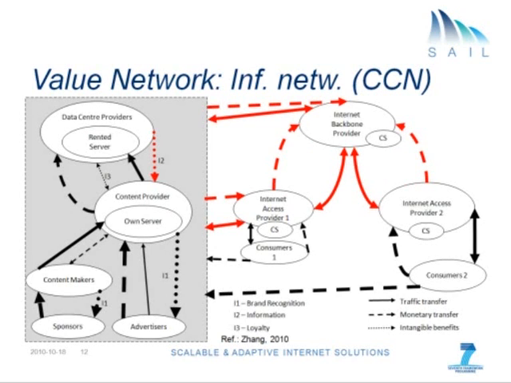When we get to the information networking model, there is not too big a change from the CDN model, but the CDN player is missing, which means that there is no centralized authority that can guarantee the quality.